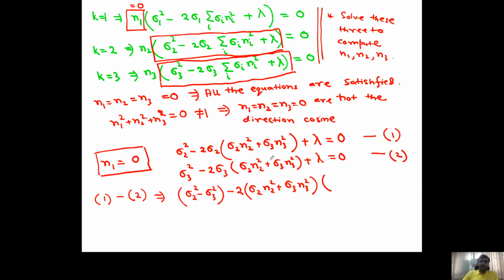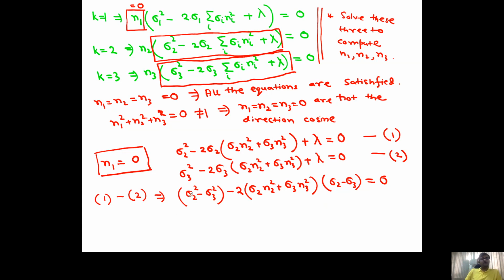And then what do I have? Sigma 2 minus sigma 3. And lambda will cancel out. So this is what I get. Check carefully. This is simple algebra. You should be able to understand it. I have only taken the common part outside and then the rest of it is simple.